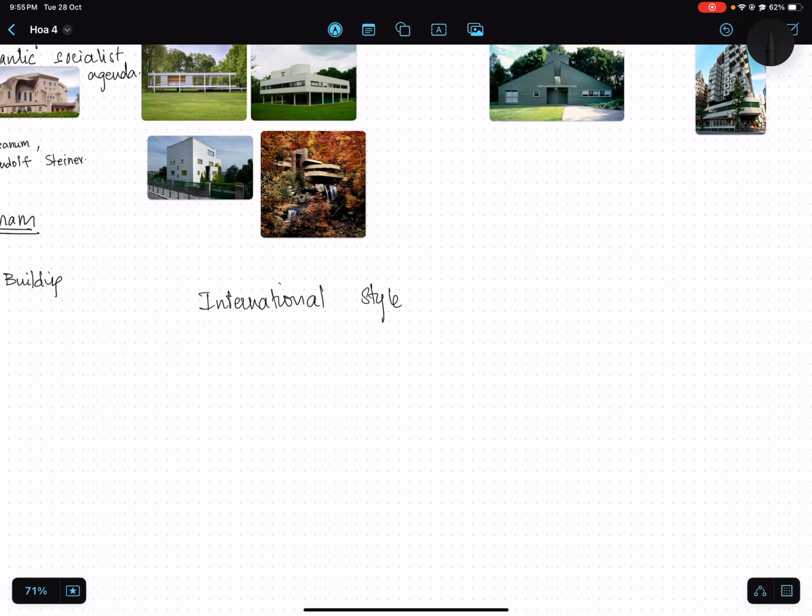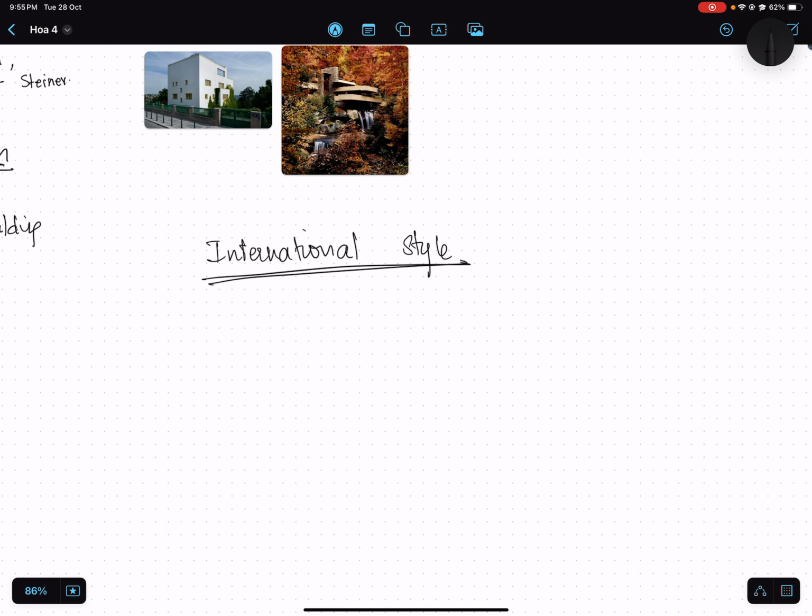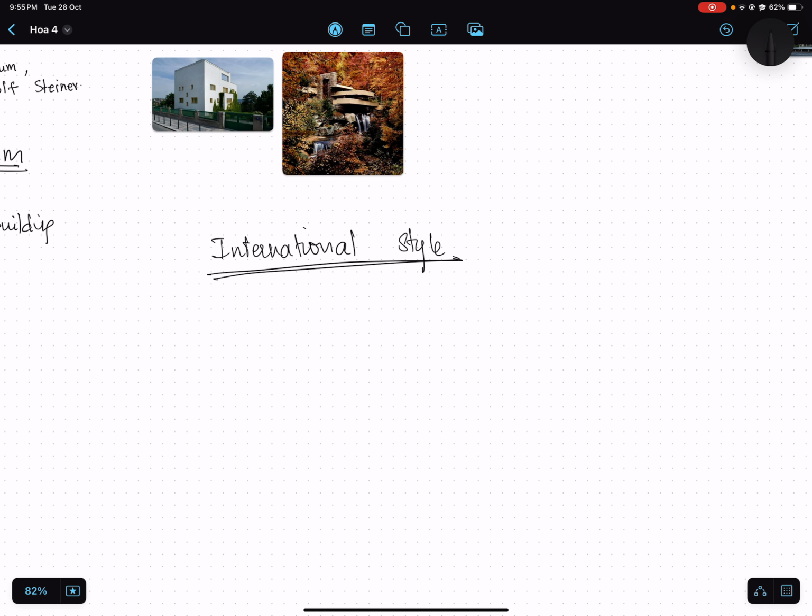Now, this does not belong to a particular architectural style, and this was before World War II. So this sort of compiled a lot of modernist architects and architecture.